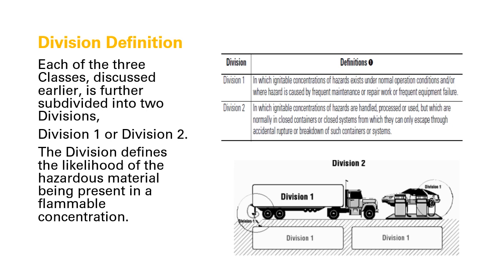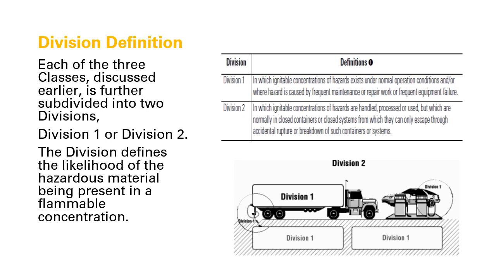This is also Division 1 because of the loading arm, and there may be leakage from the loading arm because of its frequent use and maintenance. But this outside area, the vicinity of the tank or the tanker, is designated as Division 2.